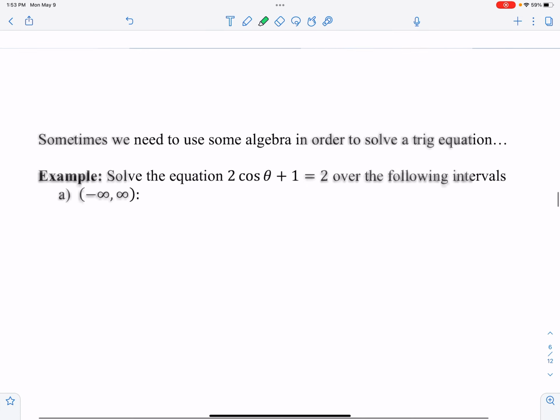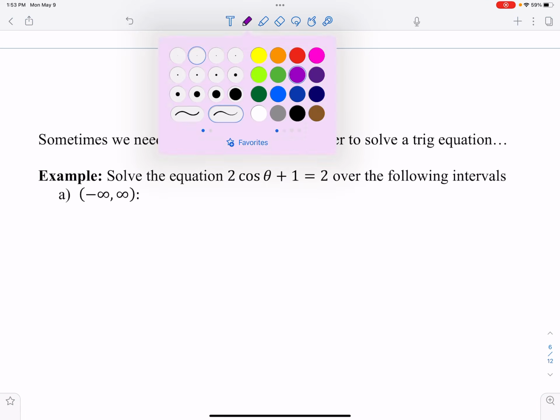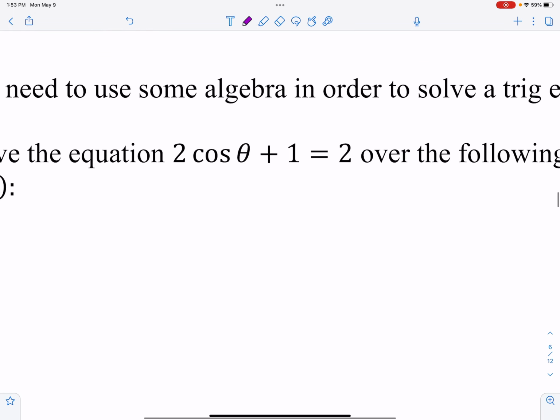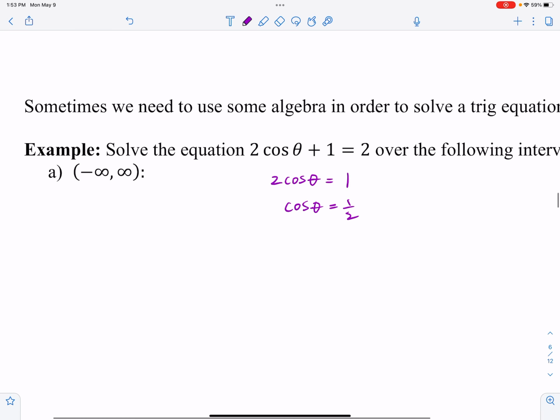Okay, sometimes we have to use some algebra in order to solve a trig equation, usually to isolate the trig function. So in this case, for this equation, we would want to subtract 1 first. So we'd get 2 cosine theta equals 1, and then divide by 2. So then to come up with the general solution set, we're thinking, okay, cosine's positive in quadrant 1 and quadrant 4.